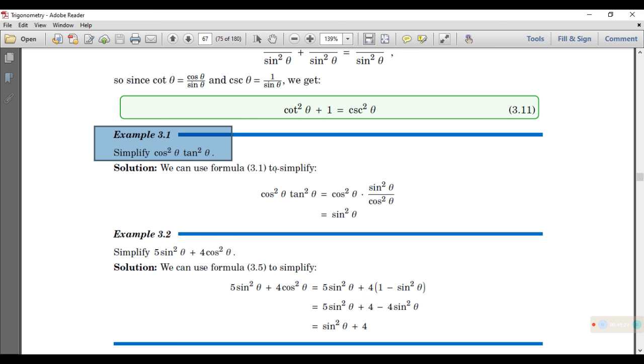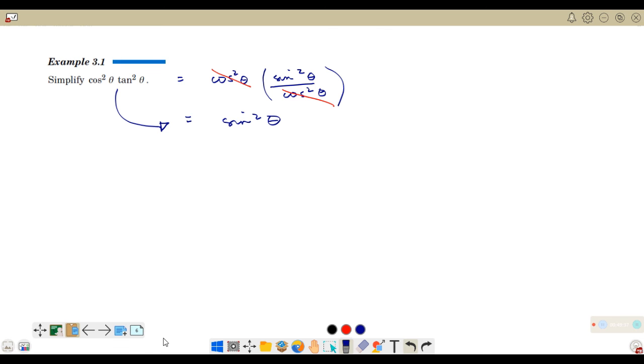Okay, dito tayo sa kabila. Okay, we have to simplify 5 sine squared theta plus 4 cosine squared theta.